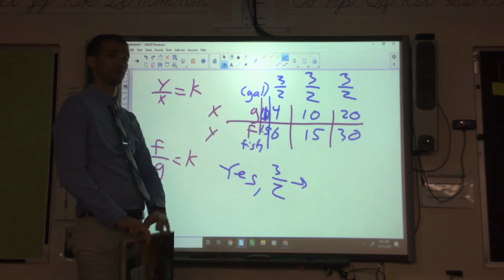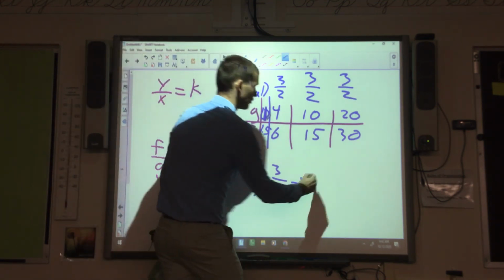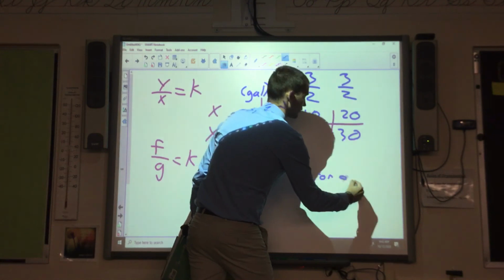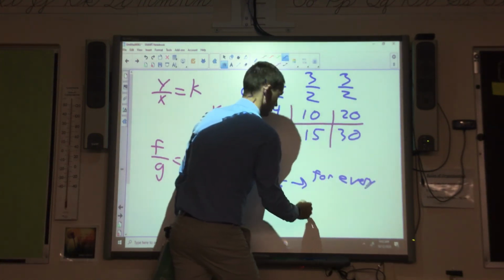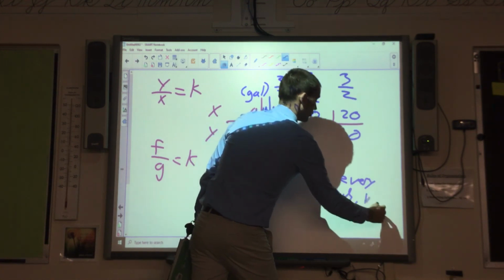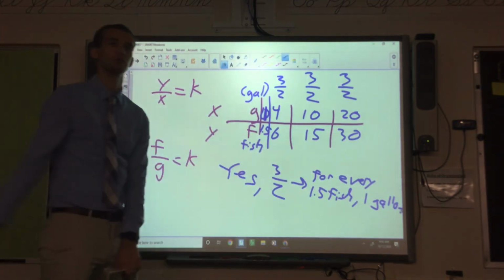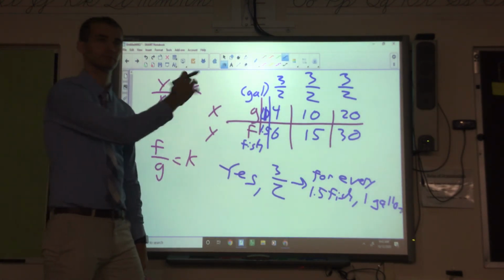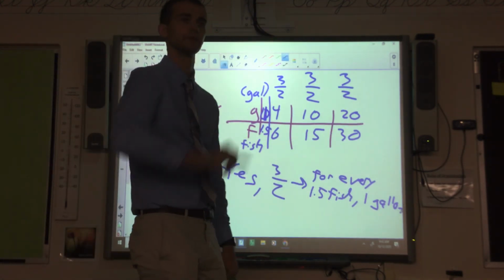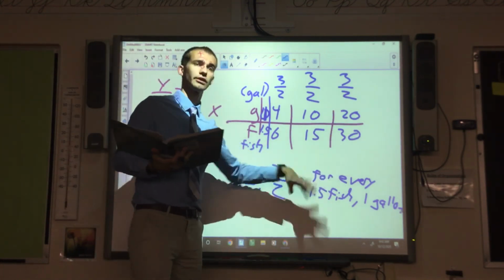Or for every 1.5 fish, you have 1 gallon. You guys would write it prettier. You would have more words on there, but just saying exactly what it means there.